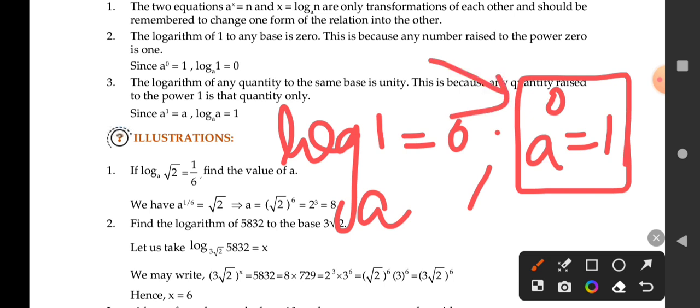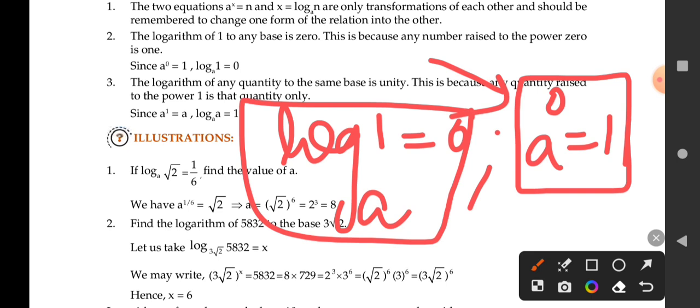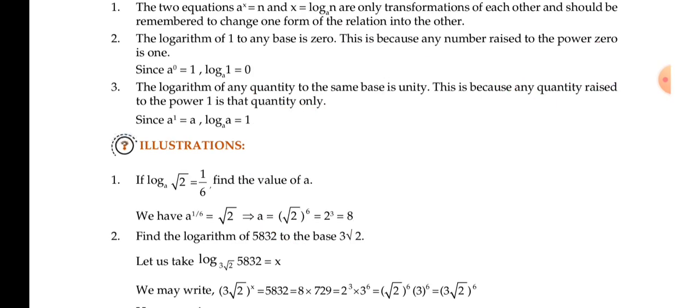This was the property we have seen in the indices topic. Okay, that's how it becomes that log of 1 to any base is equals to 0. This is because any number raised to the power 0 is 1.